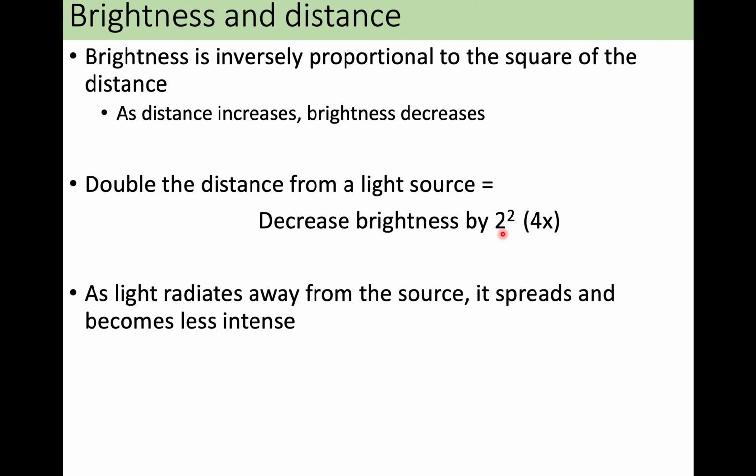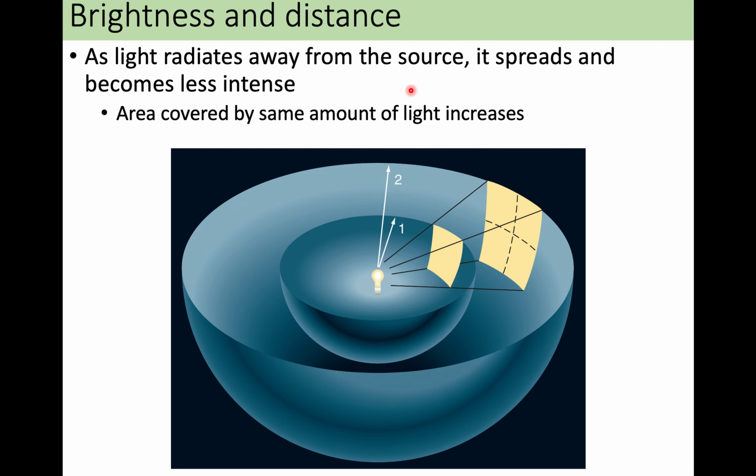The reason for this is that as light radiates away from the source of the light, the star, it spreads out and becomes less intense. Here we go. Let's say this is a star. I know in this diagram it's a light bulb. But as this light is radiated outwards in all directions, from distance 1 to distance 2, it's the same amount of light being emitted and spread over this area.